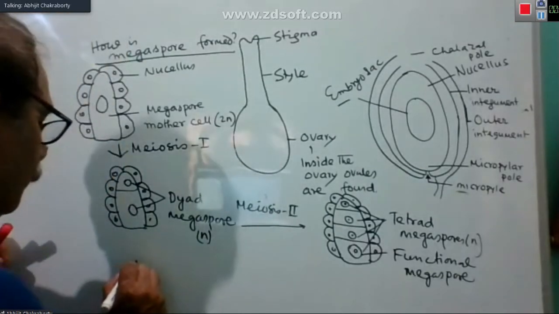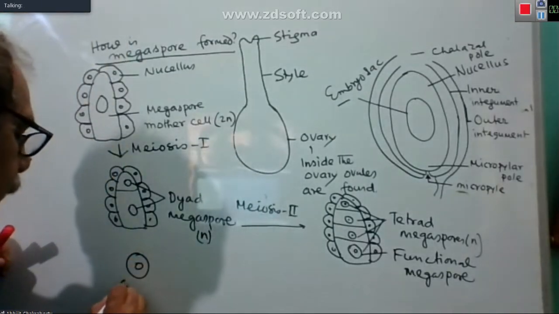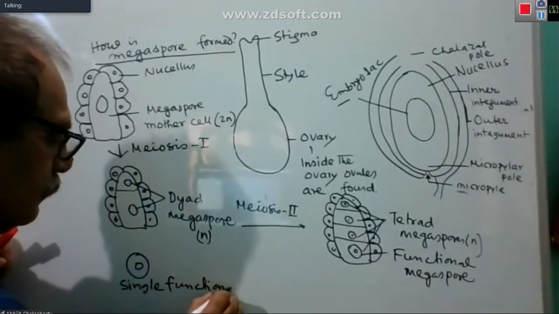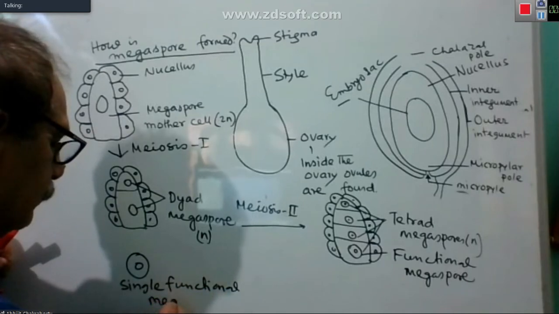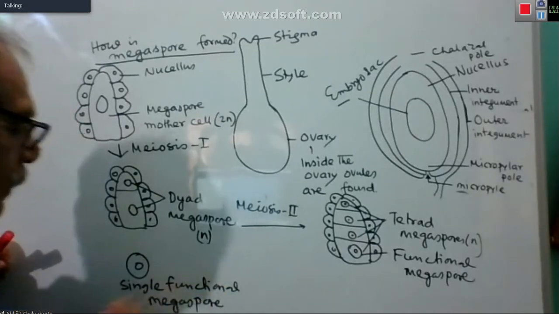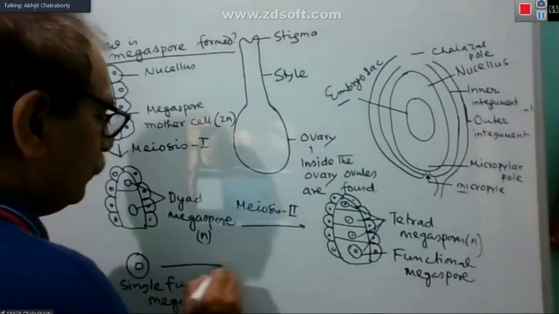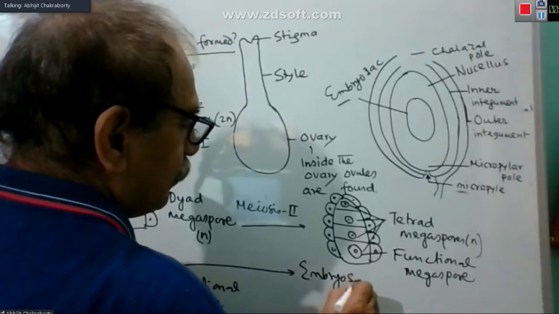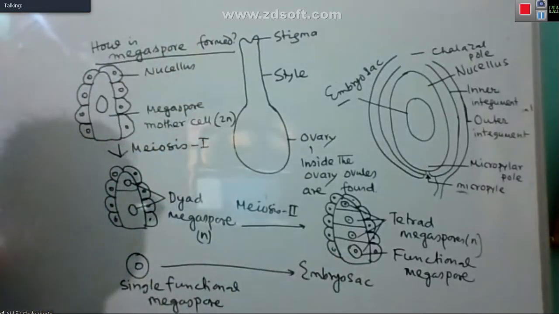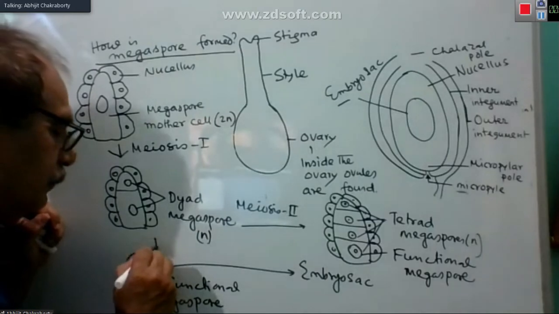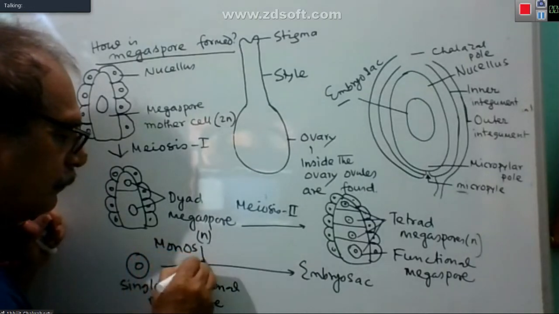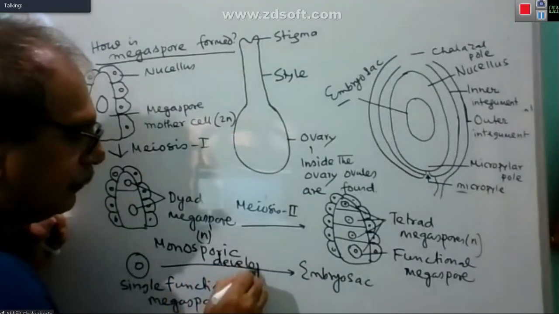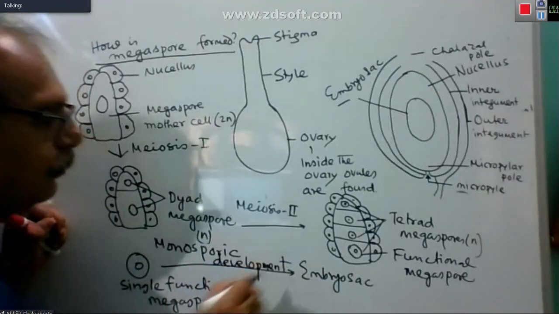So single functional megaspore will give rise to embryo sac. And this type of development is called monosporic development.